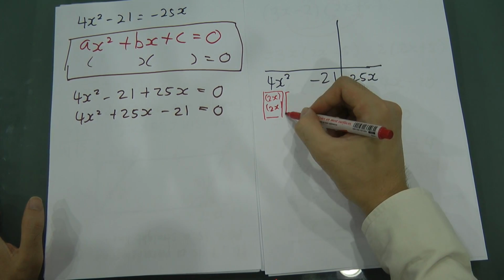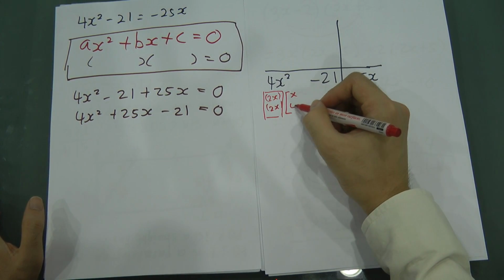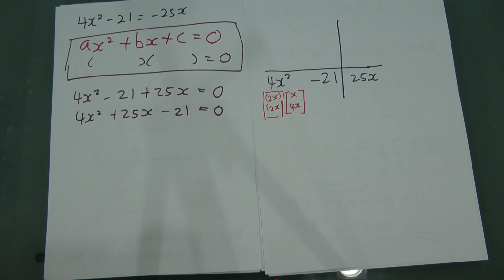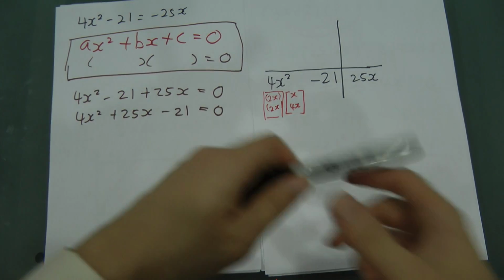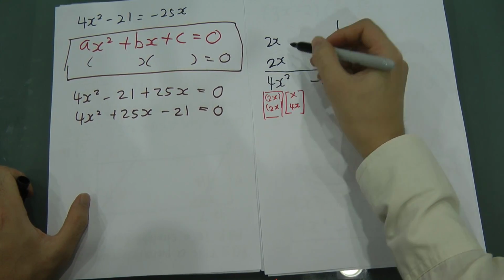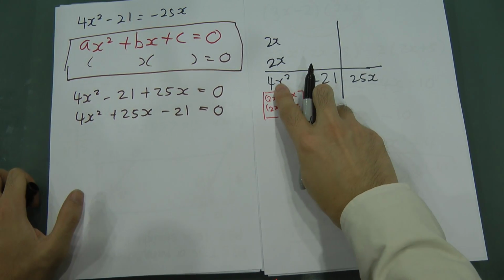Or x multiplied by 4x, this combination also gives 4x squared. So we have two combinations. Let's try the first one. So here I write 2x multiplied by 2x, because we know 2x multiplied by 2x gives 4x squared.